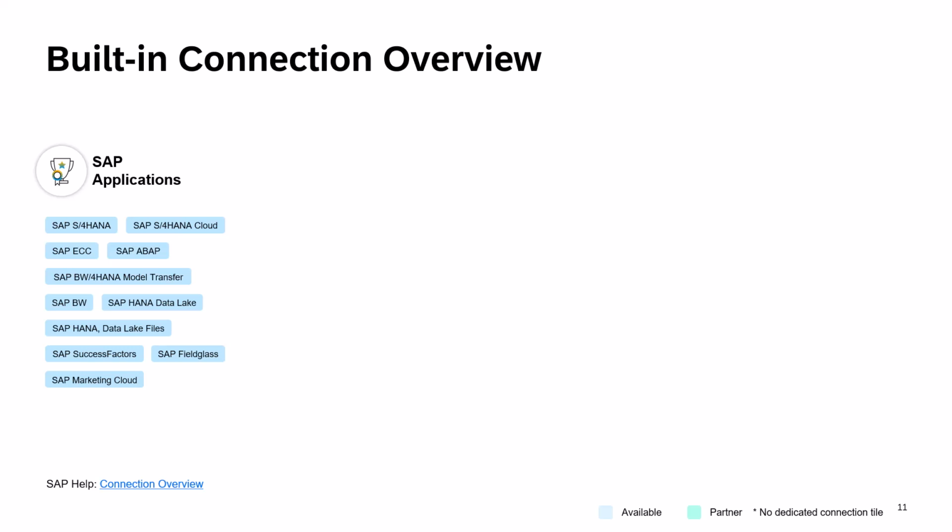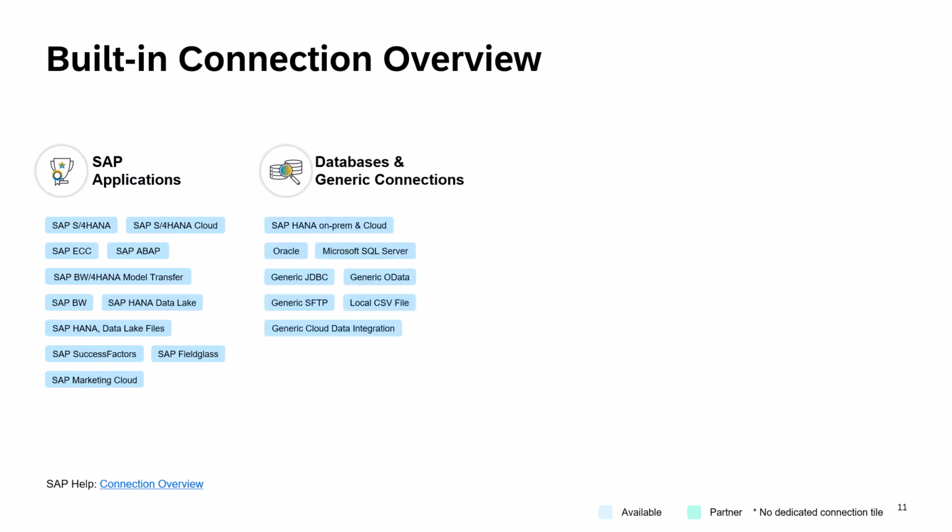Then, of course, also BW systems, BW for HANA. For that, we offer a specific model transfer capability. HANA and HANA Data Lake, HANA Data Lake files, as well as other cloud-based systems like SuccessFactors, Fieldglass, Marketing Cloud are available.